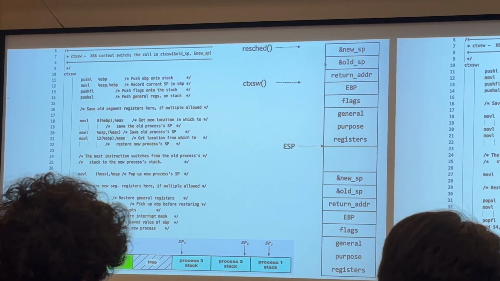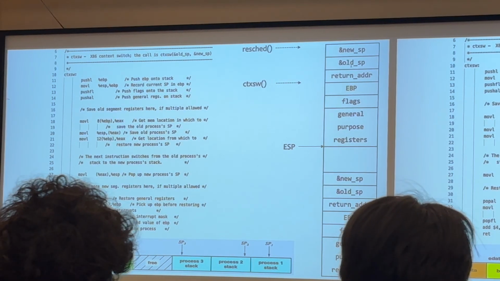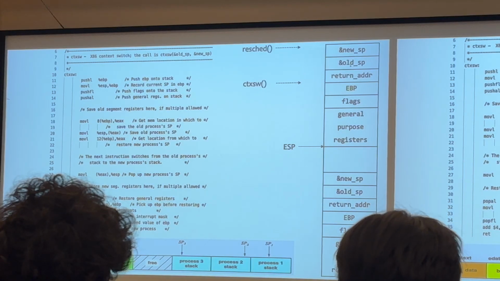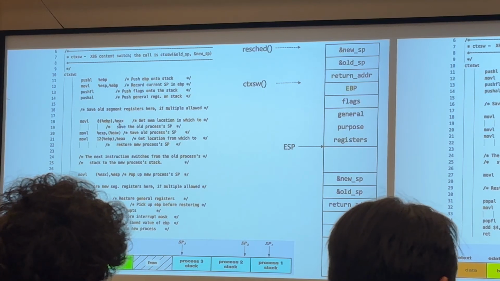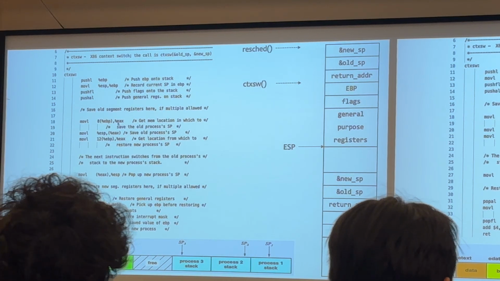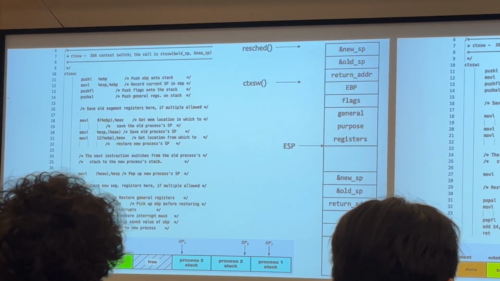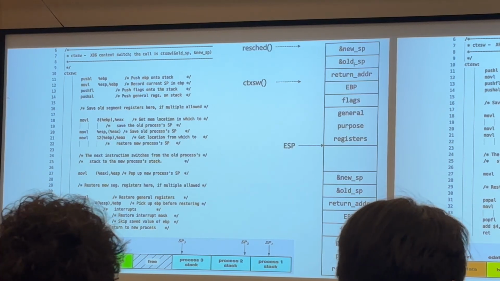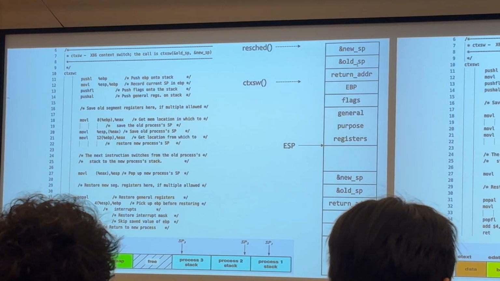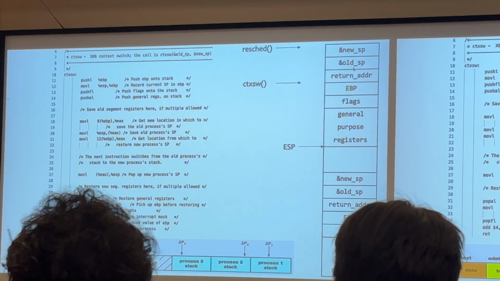We are going to put the content into this EAX register. So now EAX's value is the same as this one: the address of the old process's stack pointer in the process table in the BSS section.